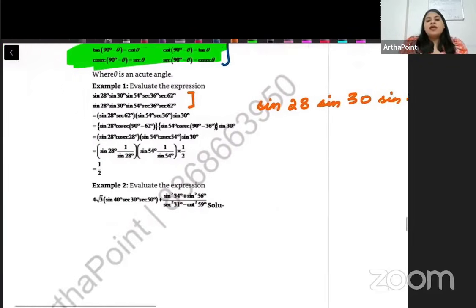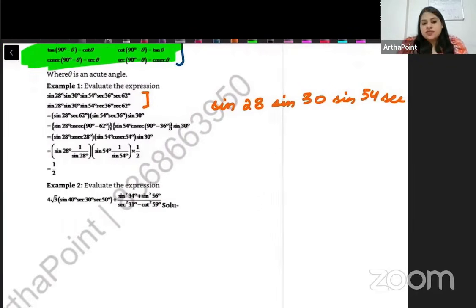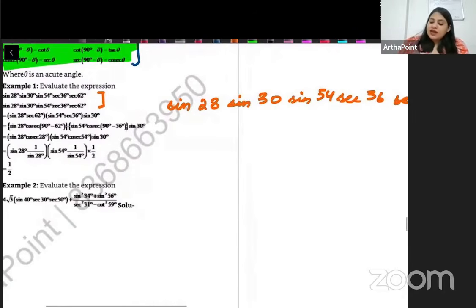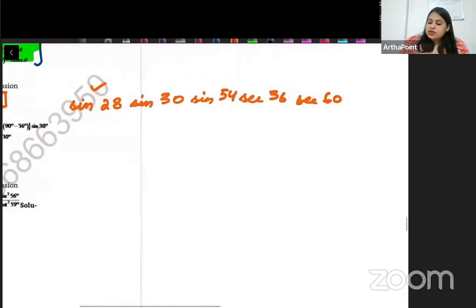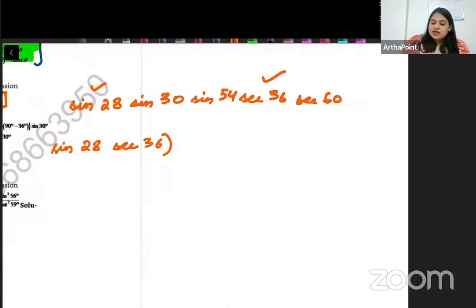You need to evaluate these terms. This is what the question is saying. Beta, can I bring this and sec together? So I will get sine 28, sec 36, sine 30, sec 60, sine 54.